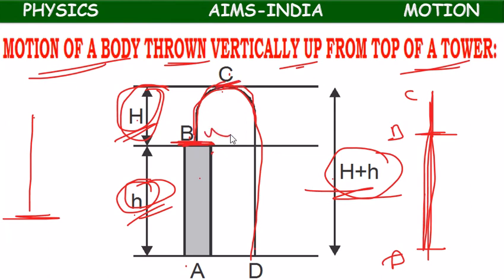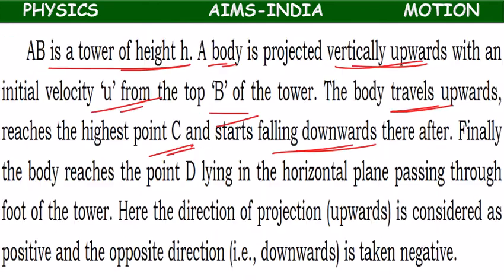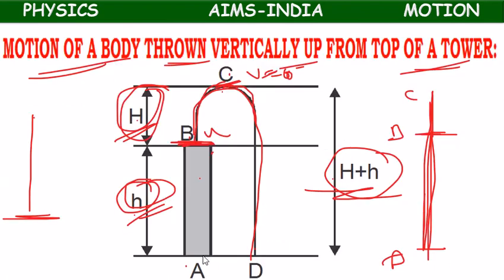While throwing from B, we have velocity u, but at C, the velocity becomes 0. Finally, the body reaches point D in the horizontal plane, which is the foot of the tower.